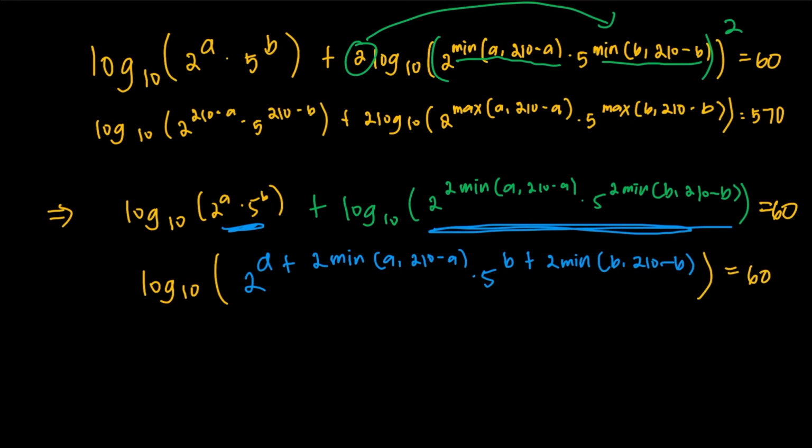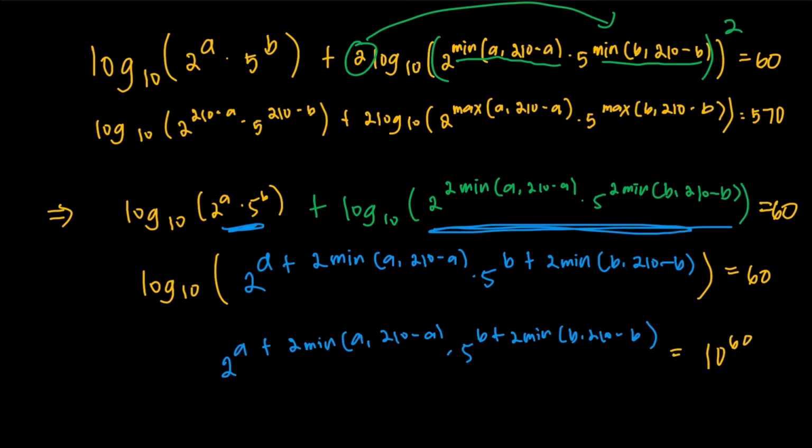So I would know this thing on the inside, 2 raised to a plus twice the minimum of a and 210 minus a. Let me just copy this one. And this thing over here should equal 10 raised to 60. I'm going to convert this to exponential form. 10 raised to 60, but essentially I could write this as 2 raised to 60 times 5 raised to 60.